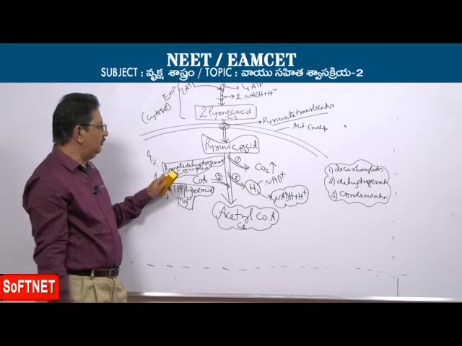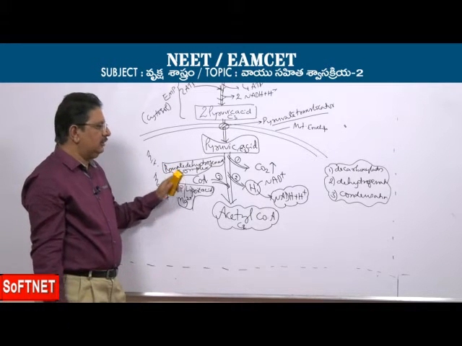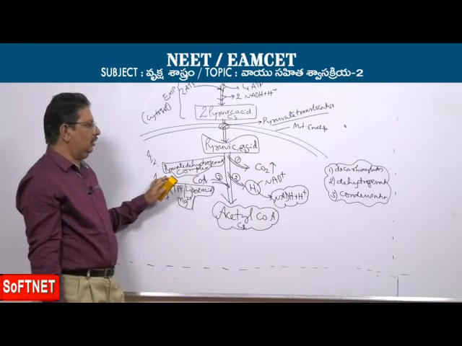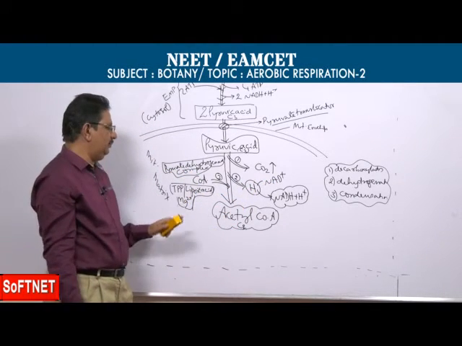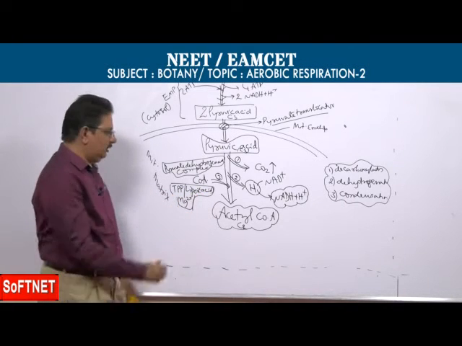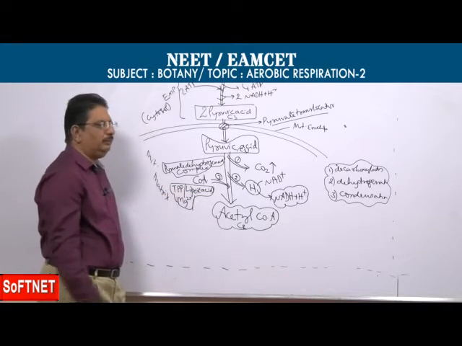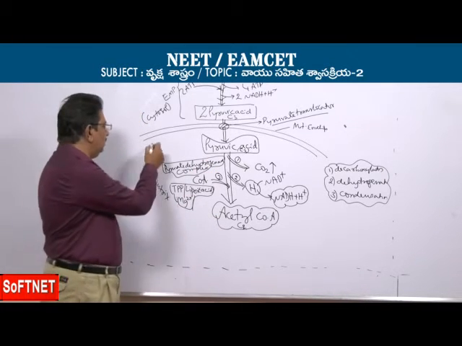So, for activation of pyruvate dehydrogenase, some additional cofactors are required in the presence of NAD plus, coenzyme A, thiamine pyrophosphate, lipoic acid, magnesium. The pyruvic acid converts into acetyl coenzyme A.